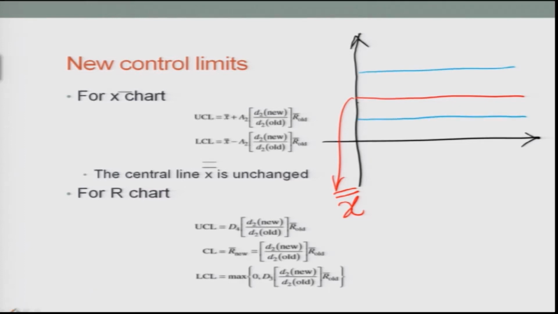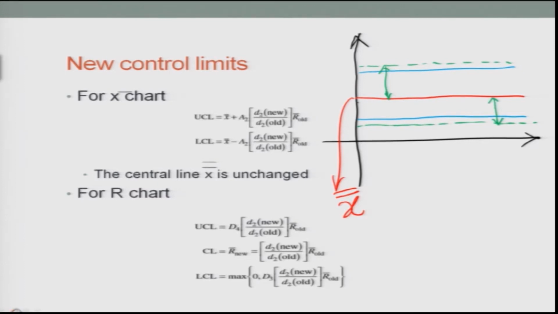Then as the sample size changes, due to the fact that you will have D2 new and D2 old, the values can change, like this has gone up, this has gone down. So, this would be the range in the first case, the upper range, and this would be the range for the second case for the new sample size.